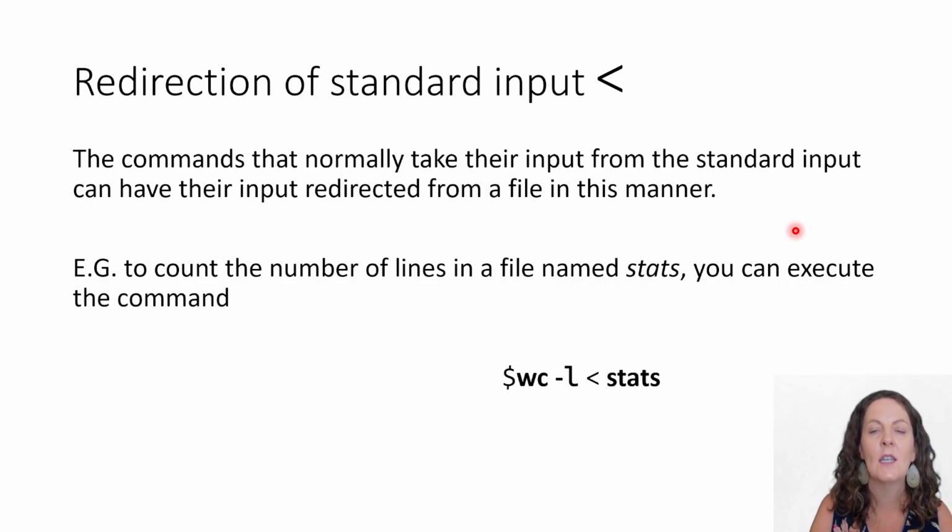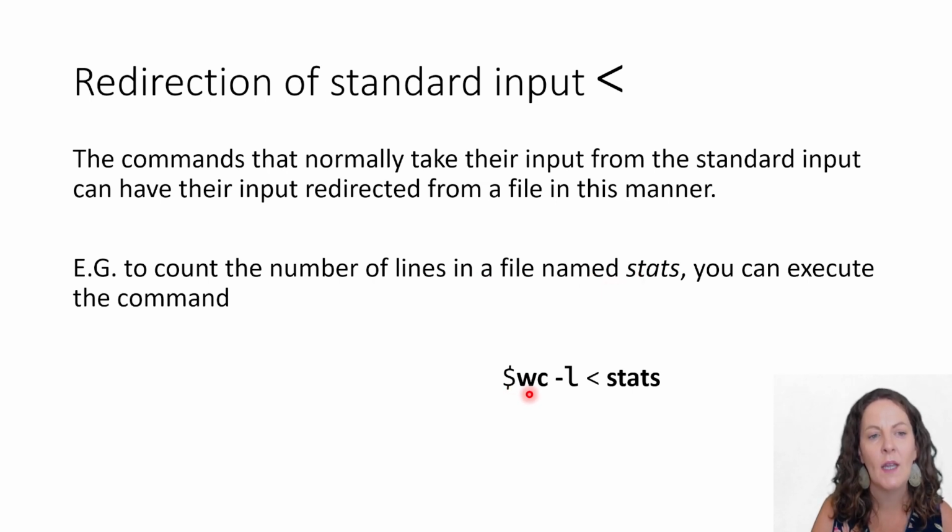So just as the output of a command can be redirected into a file, so can the input of a command be redirected from a file. Your greater than character is going to be used as output redirection. But let me just finish, this is still on input. We're going to count the number of lines in the file. So this is word count.